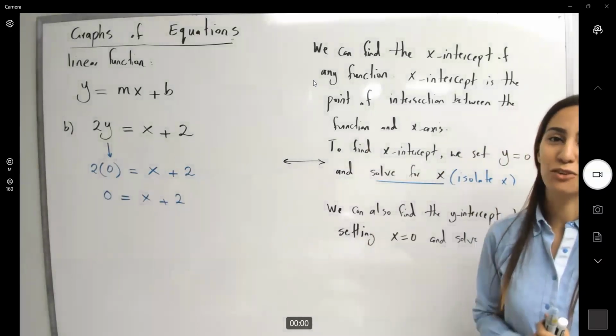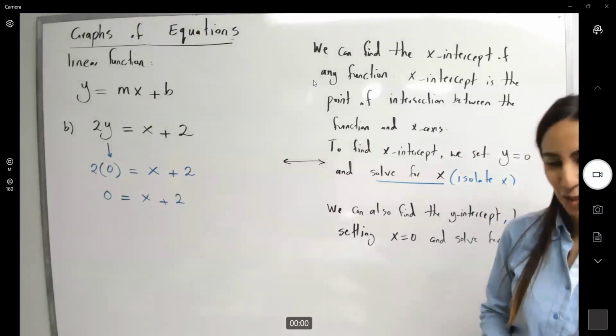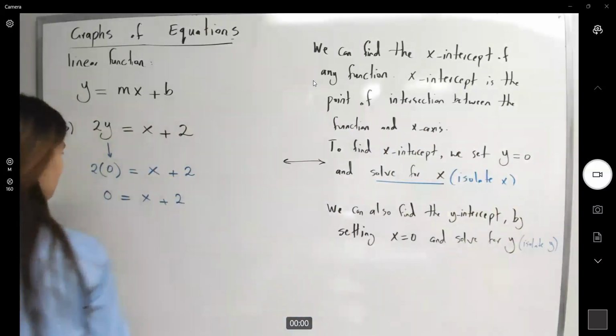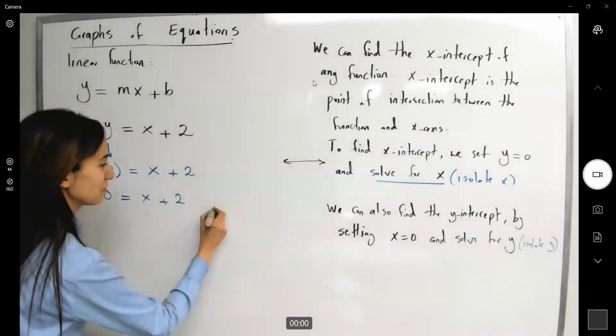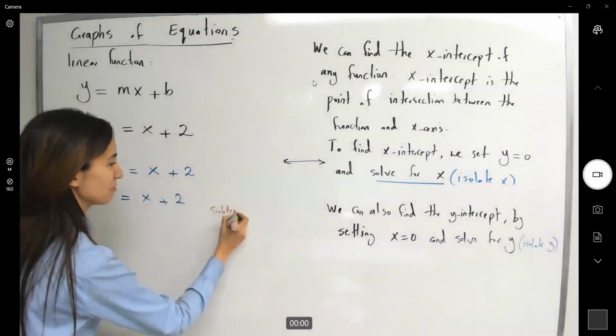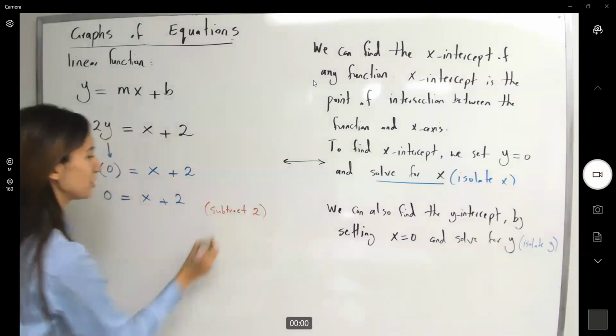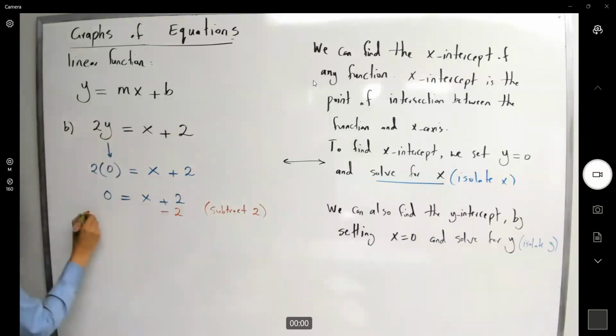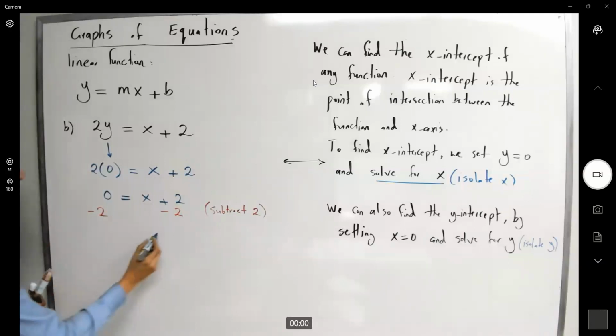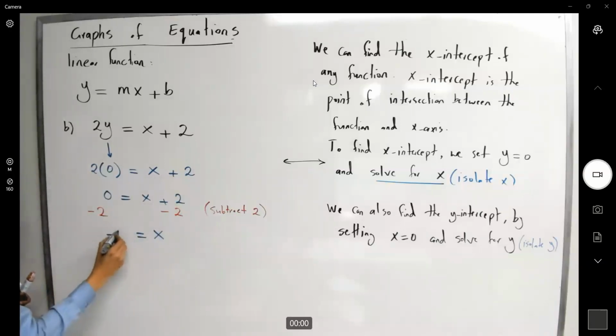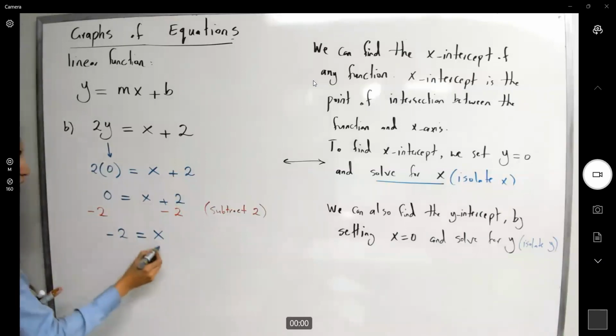We're going to get rid of 2 by subtracting 2 from both sides. If I subtract 2 from both sides, I'm left with x equals -2. So x equals -2 is my x-intercept.